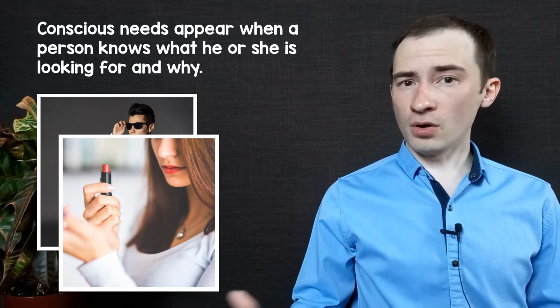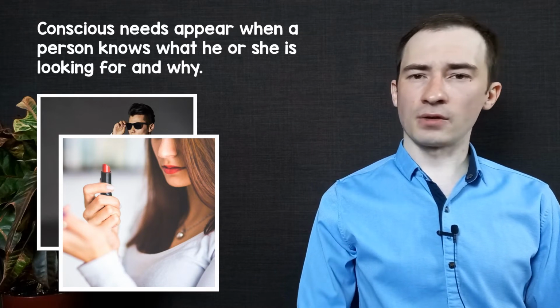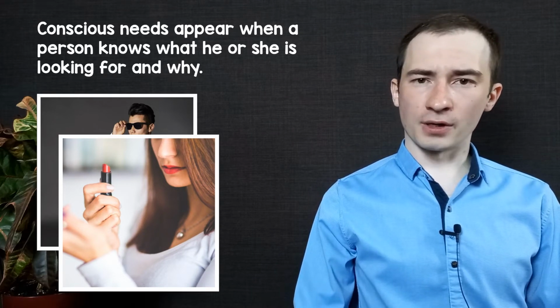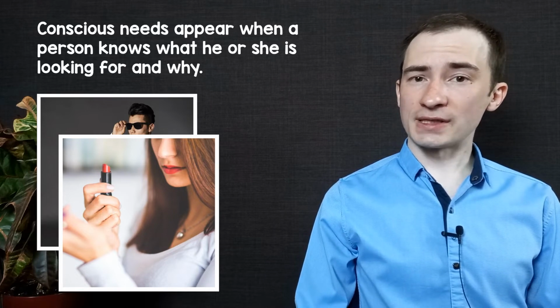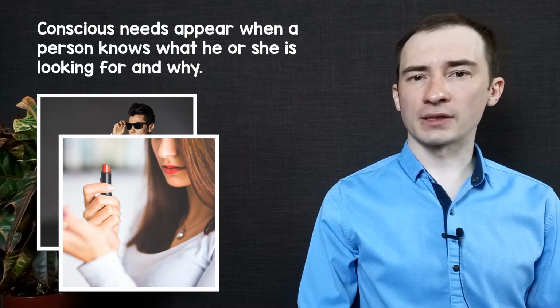But there are lots of sunglasses and lipsticks on the market. And for sure, there are some hidden selection criteria where a person chooses and buys a particular product and not its competitor. That's where subconscious needs come into play.